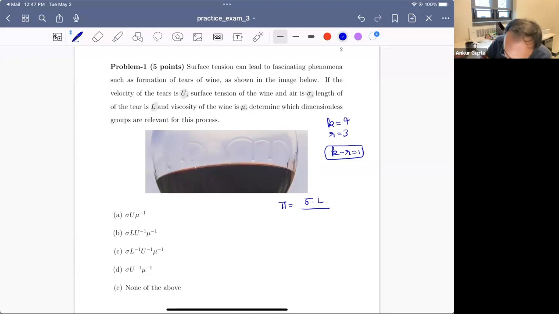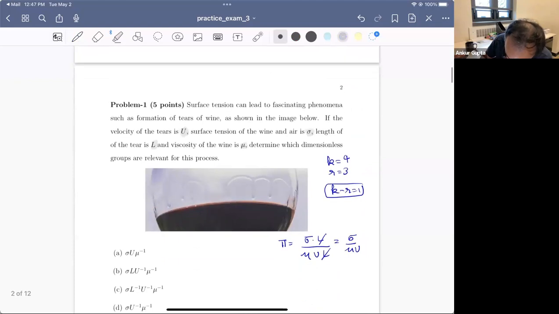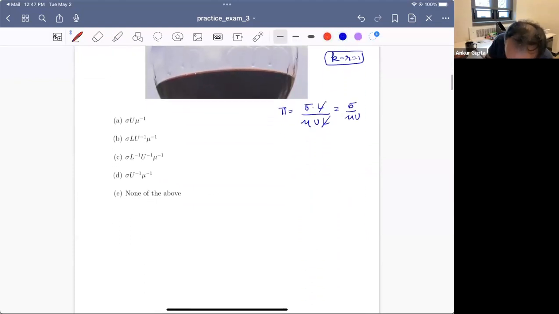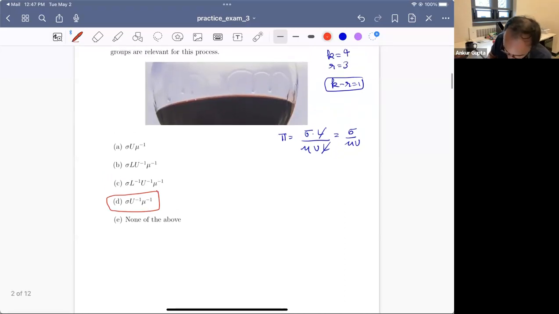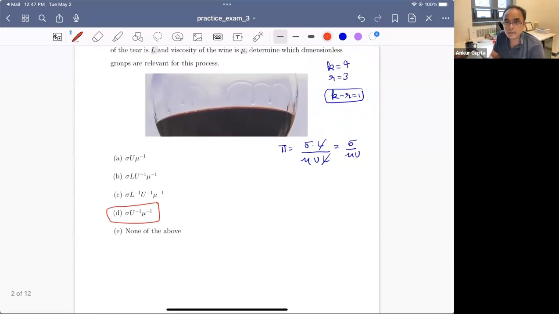And we have only one length here, which is L. It's mu u L. This is the force ratio. So this becomes sigma by mu u. And so this comes out to be the answer. And if you see these options carefully, I believe this is the one without the L and the correct sign. So this is the one we get.